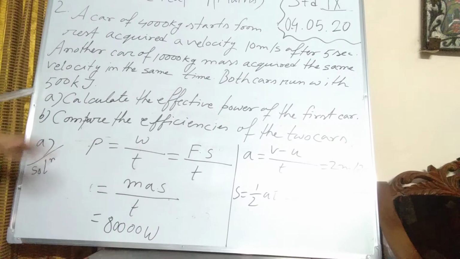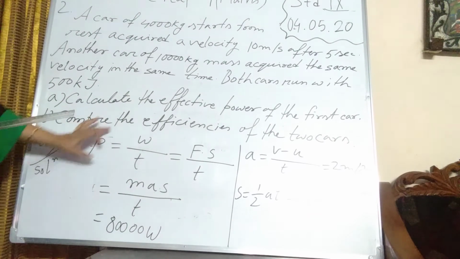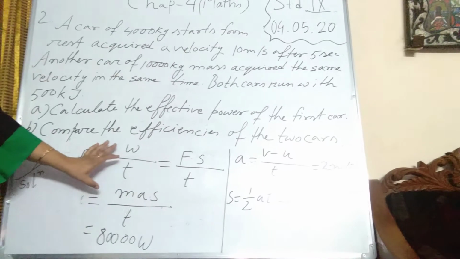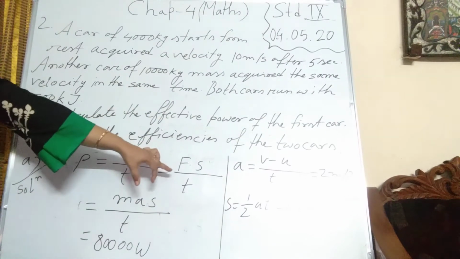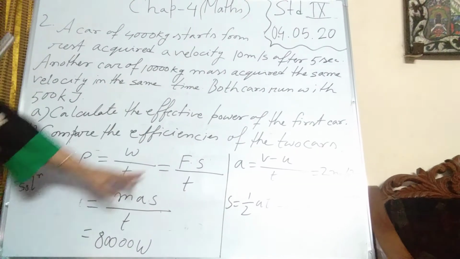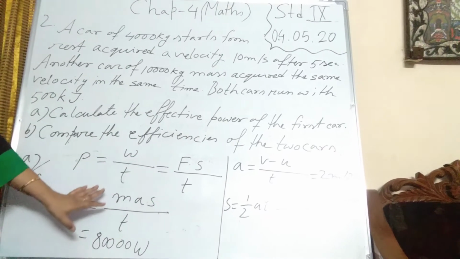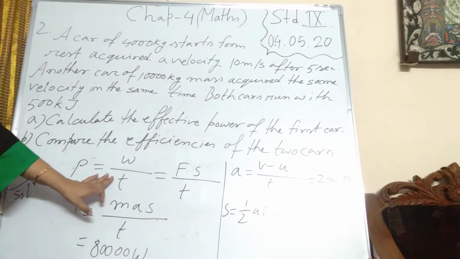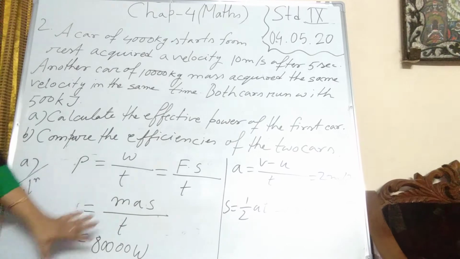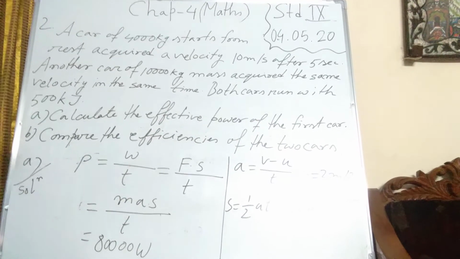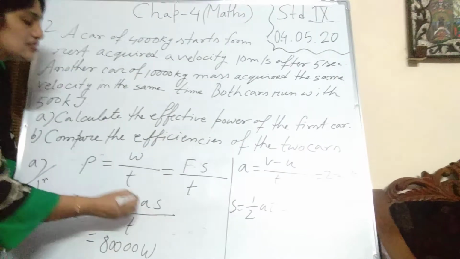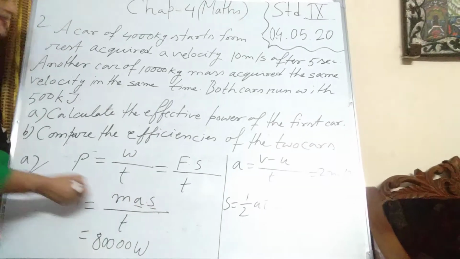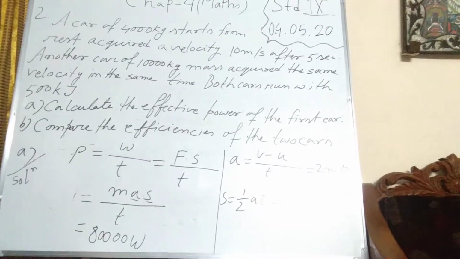So you know effective power equals work by time. Work equals force into displacement, by time. Force can be written as F equals ma according to Newton's second law, so ma into s by t. But here two quantities we don't have, that is acceleration and displacement.